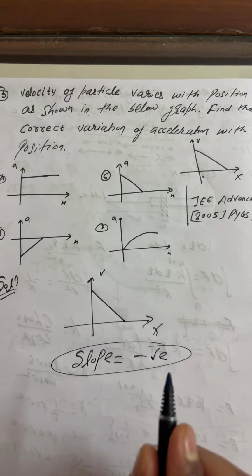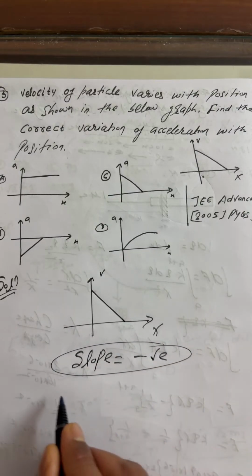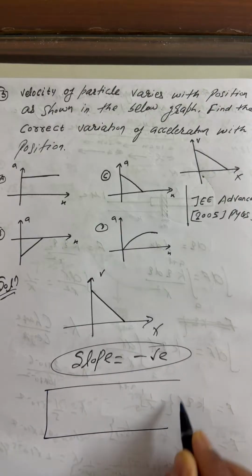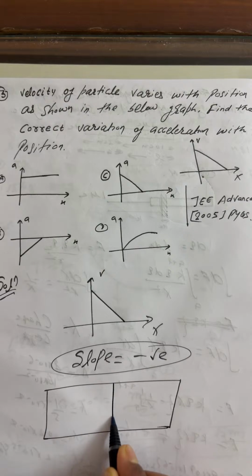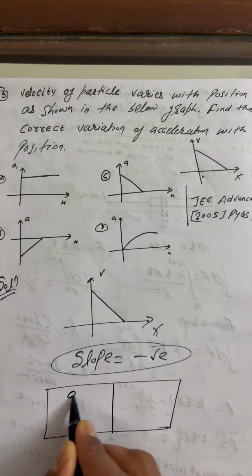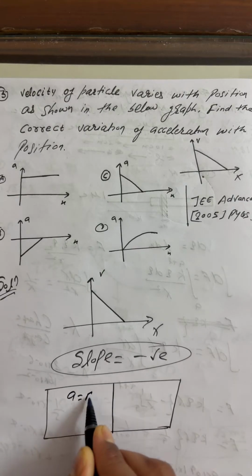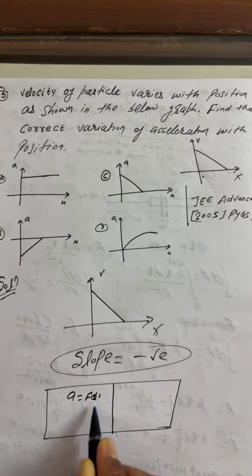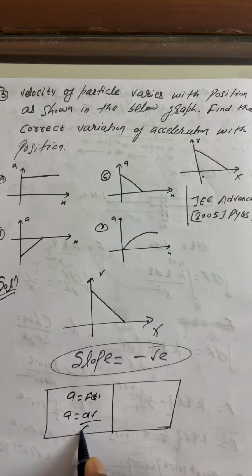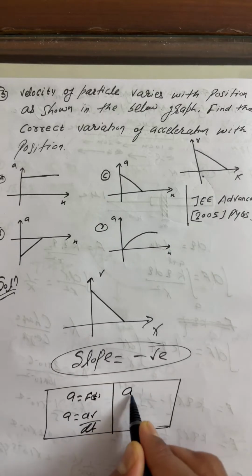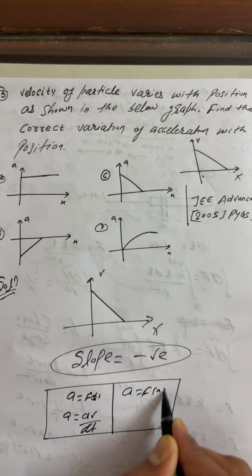If you remember in the classroom, I gave you one box formula, and I also said we would definitely get one question in JEE. Now, A is given as a function of x.